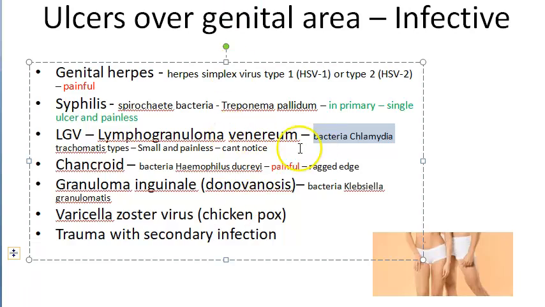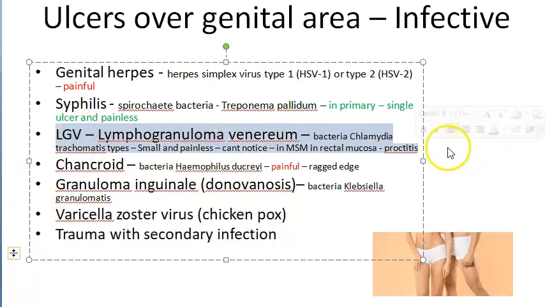A very important word you will write here is that you will see it mostly in MSM, men having sex with men, in the rectal mucosa. This is called proctitis. You got it right, lymphogranuloma venereum.